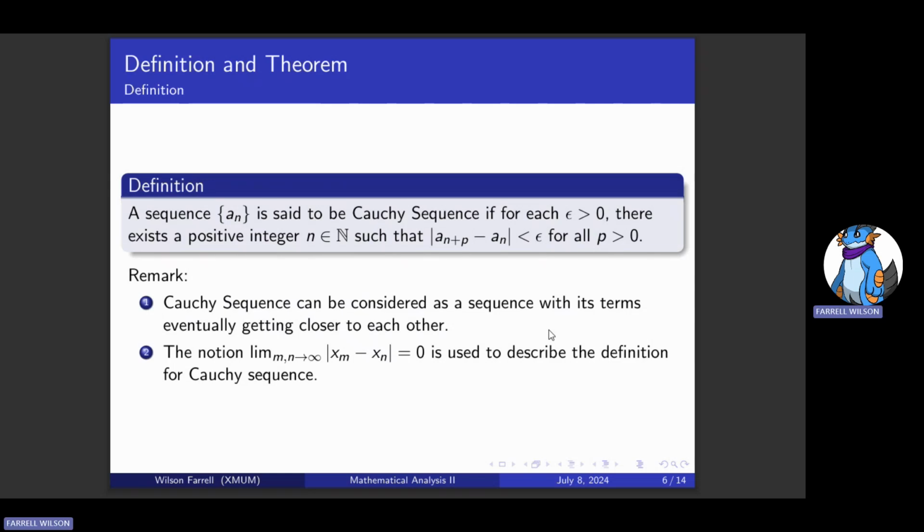The remark states that the Cauchy sequence can be considered as a sequence with its terms slowly getting closer to each other as it progresses. The notion of the limit as m, n goes to infinity of |x_m minus x_n| equals 0 is used to describe the definition of the Cauchy sequence.